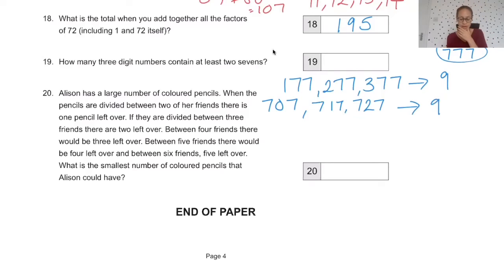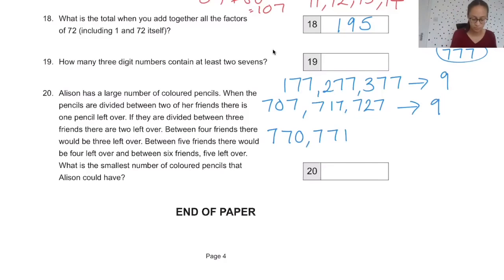And then finally, we need to think about the 770s. So 777 won't have been included yet, 771, and so on. And again, we need to exclude 777. So 770, 71, 72, 73, 74, 75, 76, leave out 77, 78, 79.